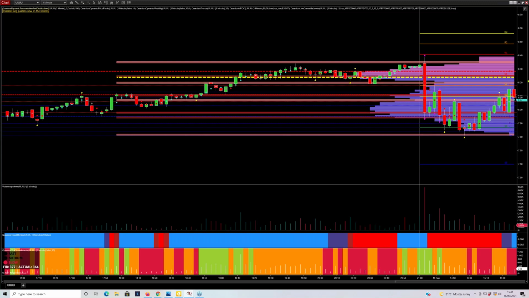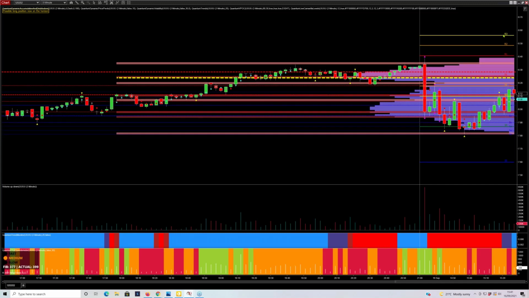If it does manage to get through there, then I would certainly be targeting the third level, which is the R3. And what's happened with the VPOC, it's a bit like volume at price. You will find the volume building and building, and the histogram will get fatter and fatter. If that exceeds what we see there, then the VPOC will move down here.